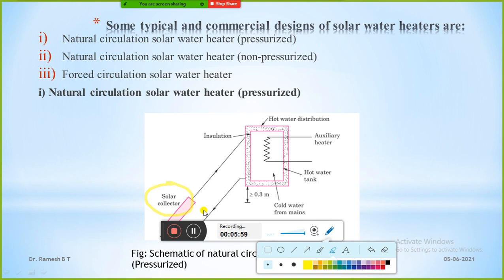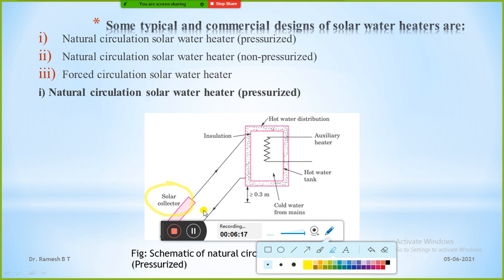Then below that there are tubes, and in the tubes water is flowing. This is the system. And this is a highly insulated water tank, and we use a highly insulated water tank just to avoid heat loss.